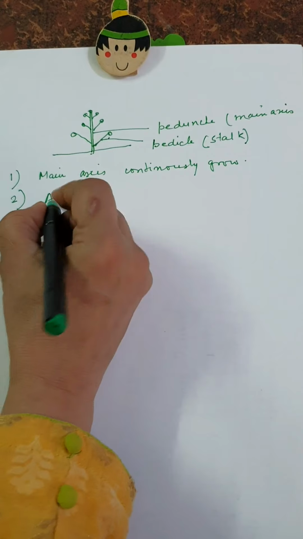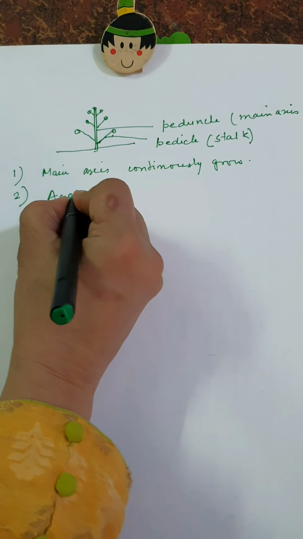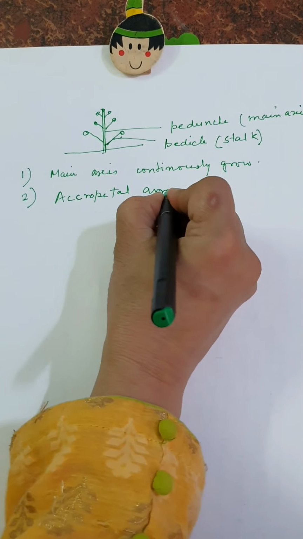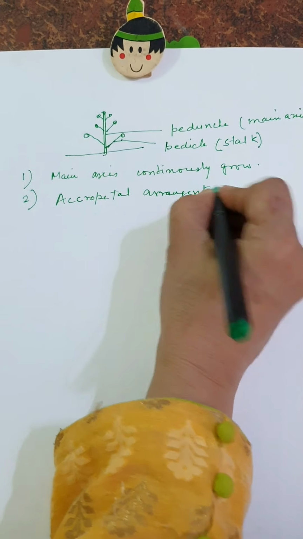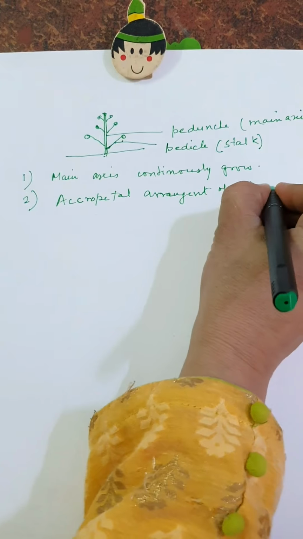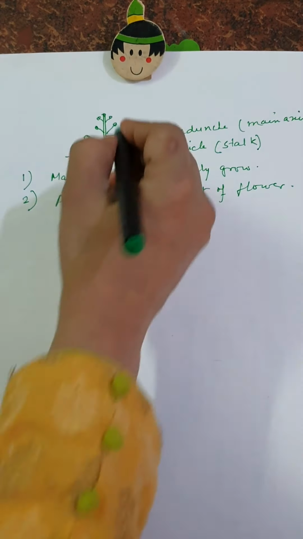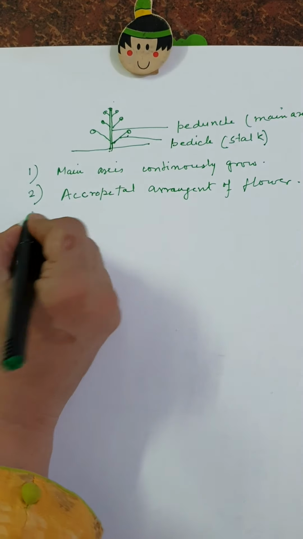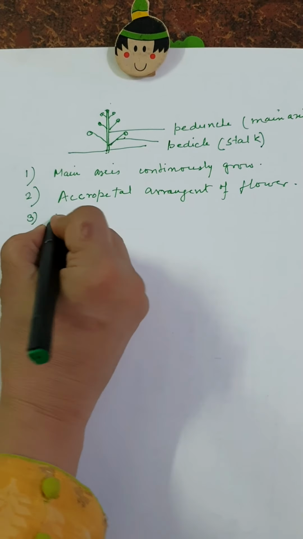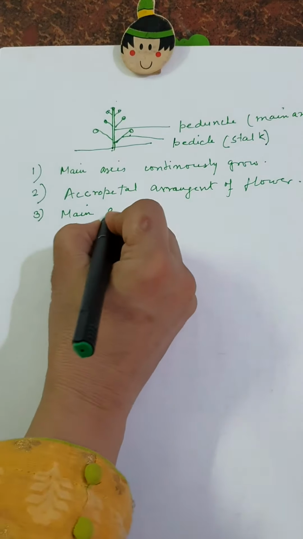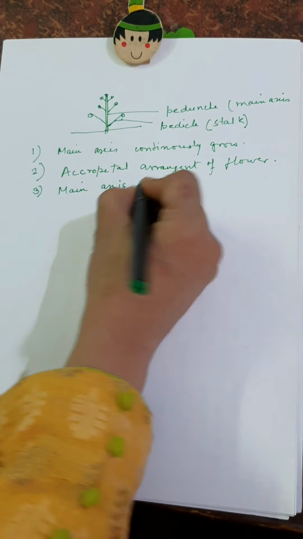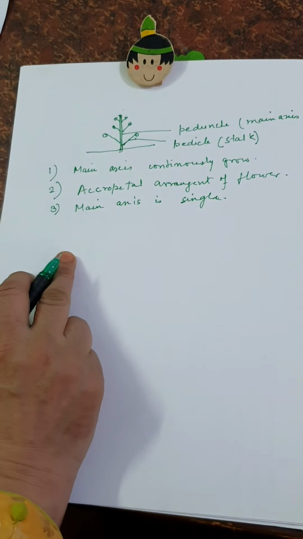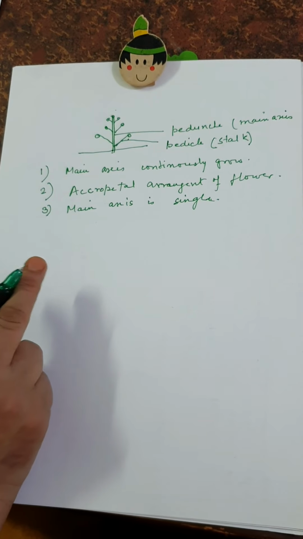Acropetal arrangement of flowers. And the main axis is single. These are the characteristics of the racemose type of inflorescence.